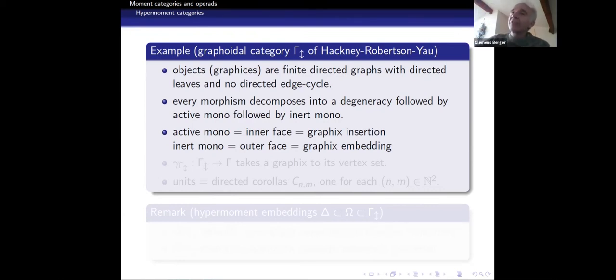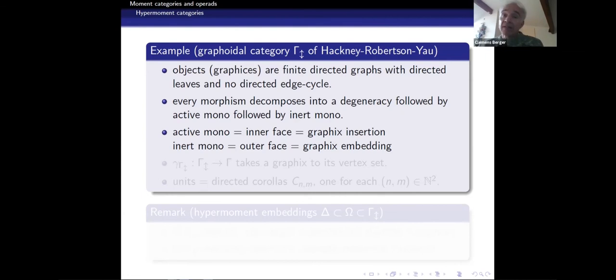And because the leaves are all oriented, you have a similar constraint to being able to insert the graphic into the vertex of another graphic. So these are the interface maps, and the outer face maps are embeddings of graphics into graphics. So you consider a graphic as a subgraphic of another one.